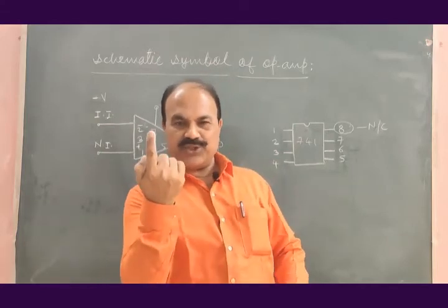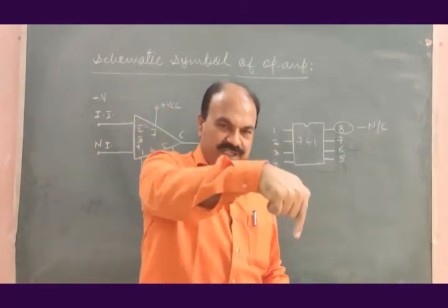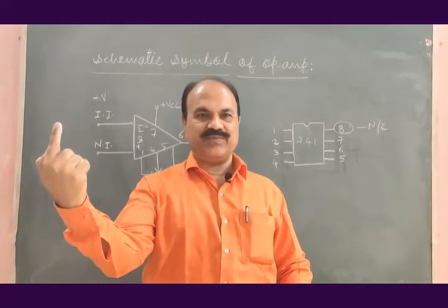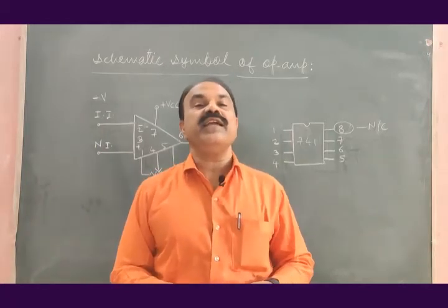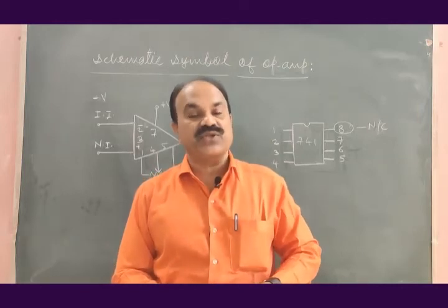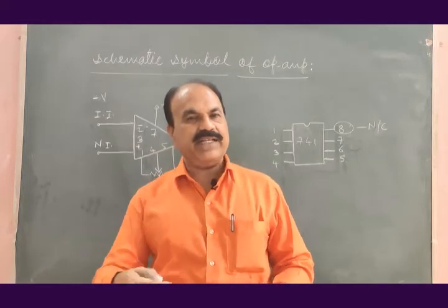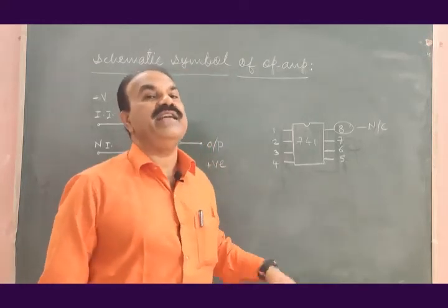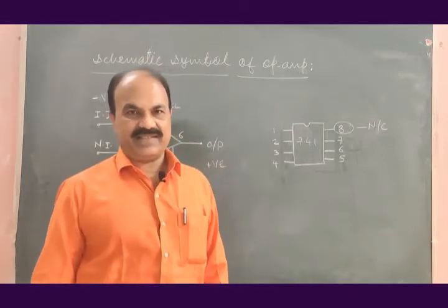Therefore, this input terminal is known as the inverting input terminal, because whatever input voltage is applied at the inverting input terminal gets inverted at the output by 180 degrees.